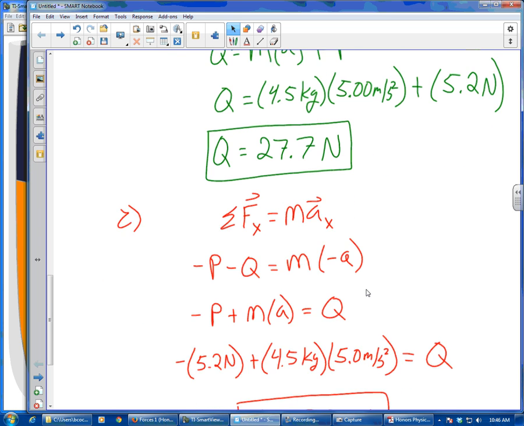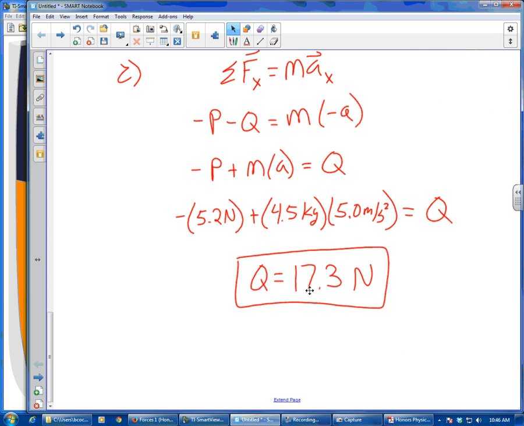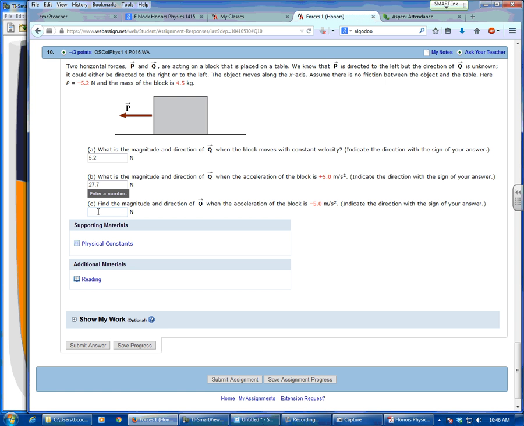But in C, I picked the negative direction for Q. So I need to put in negative 17.3, so that WebAssign knows which direction I picked for it. That hopefully will all be correct. Yay.